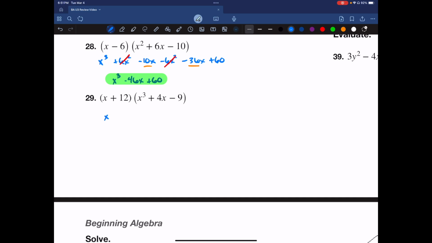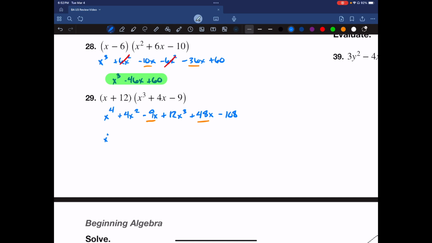All right. Same thing on 29. It's just more terms. x to the fourth plus 4x squared minus 9x plus 12x cubed plus 48x minus 12 times 9 is 108. I have one set of like terms, and that's my x's.